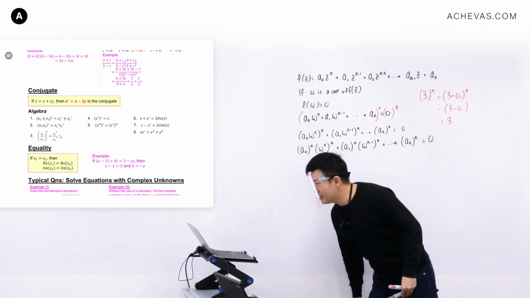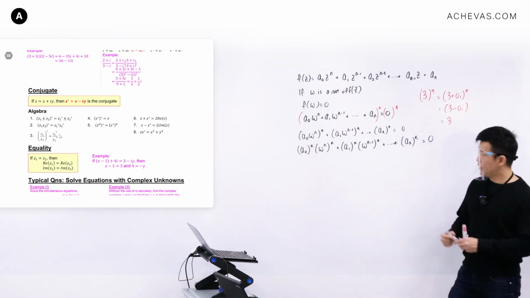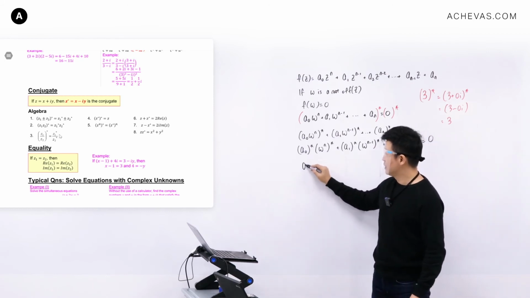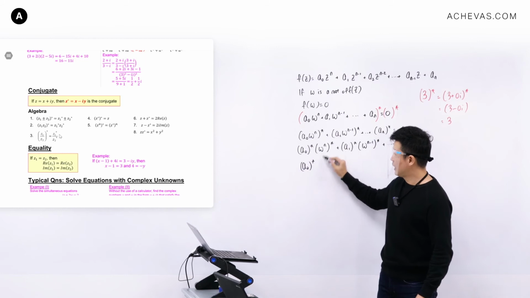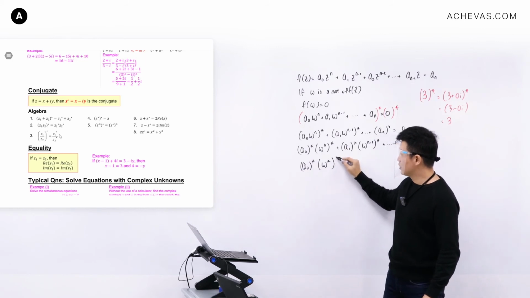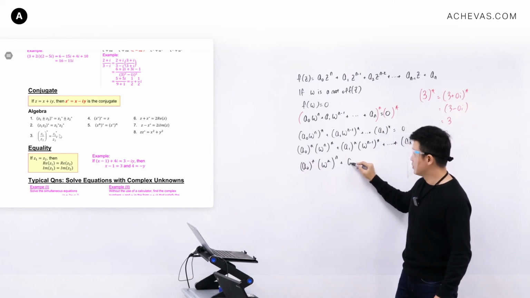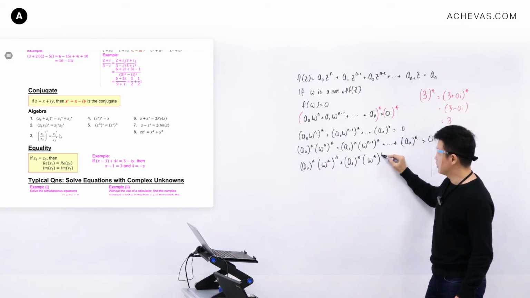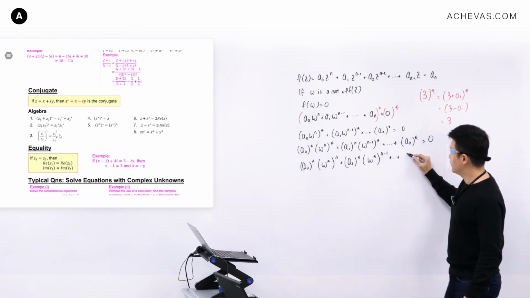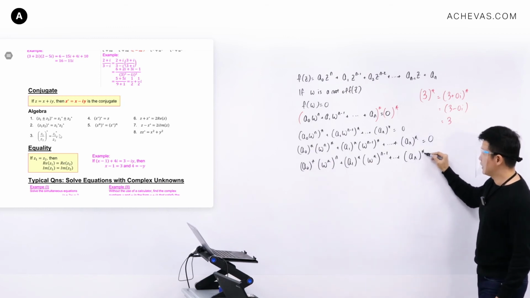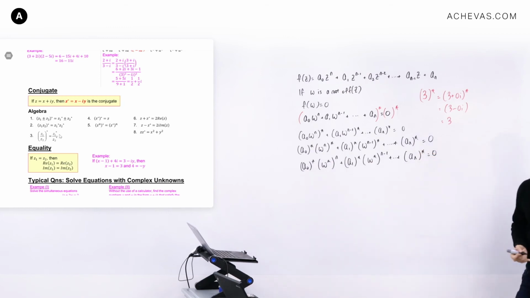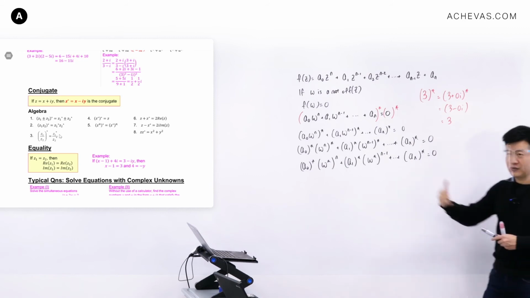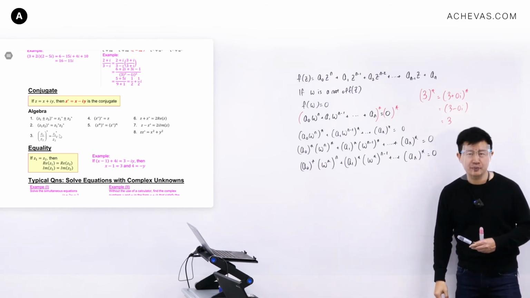And if I were to apply next number 5, number 5 tells me that I can rewrite this as w conjugate to the power of n. Then this will be a1 conjugate. This I can write as w conjugate to the power of n minus 1, all the way until this, I will let it retain as itself, an conjugate. Okay, if I were to apply number 5.